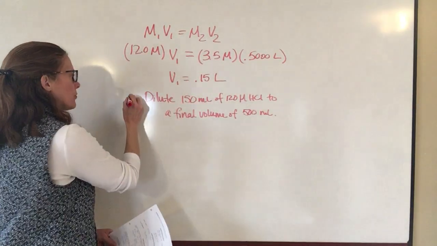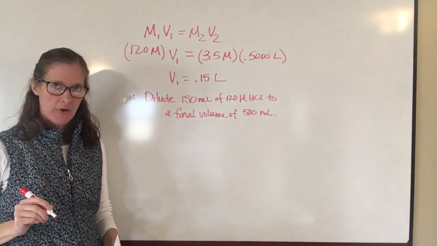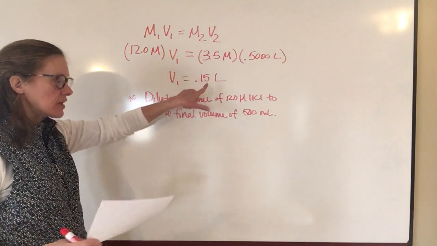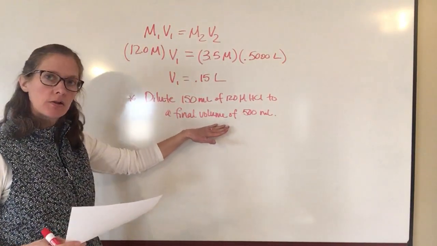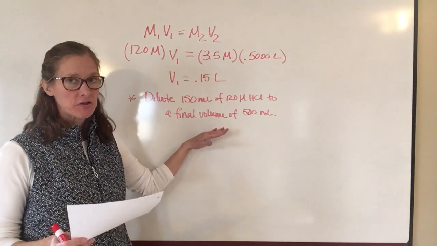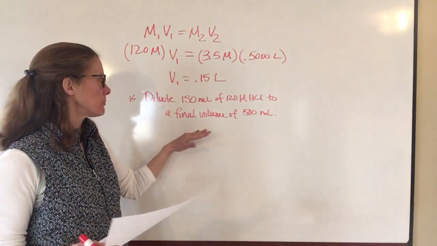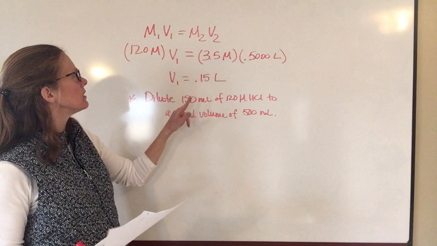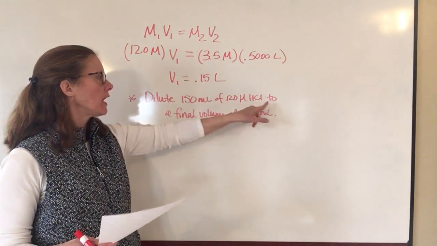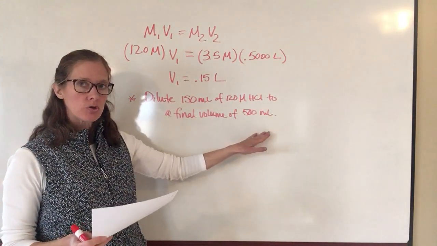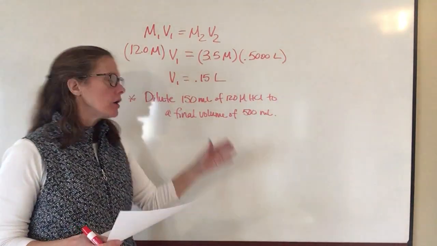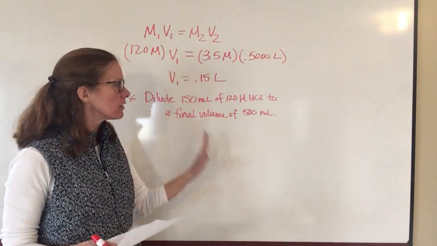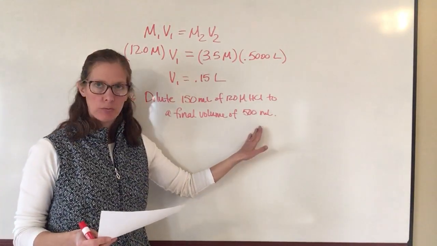Just giving me a number doesn't tell me how to dilute it. This tells me how to dilute it, and that's what I will be asking you for. You're going to tell me how many milliliters of the molarity you're starting with and what the final volume should be. You're not going to tell me how many milliliters you're going to add. You're just going to tell me you dilute it until you get to 500 milliliters.